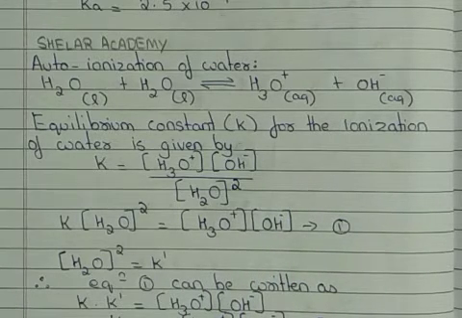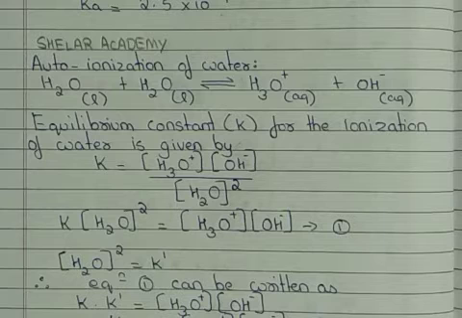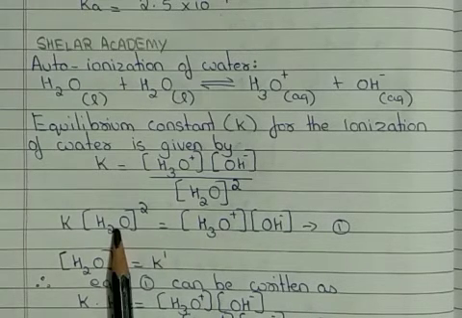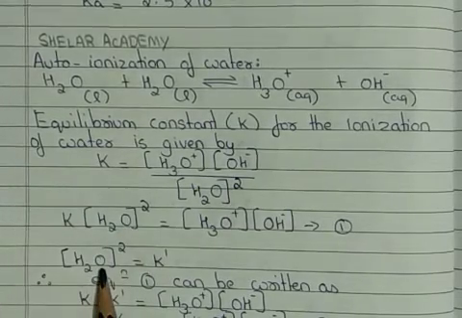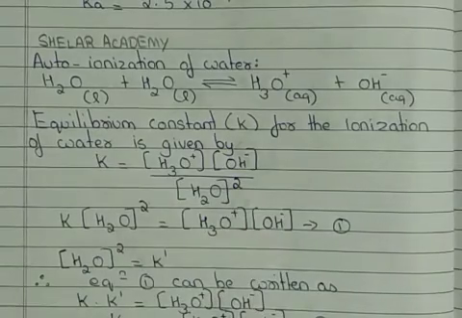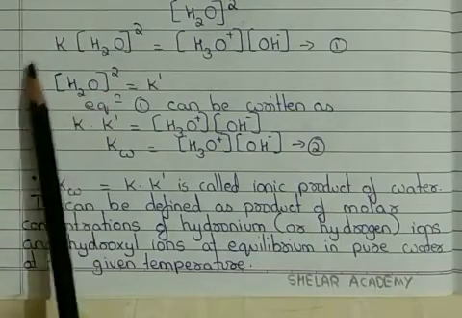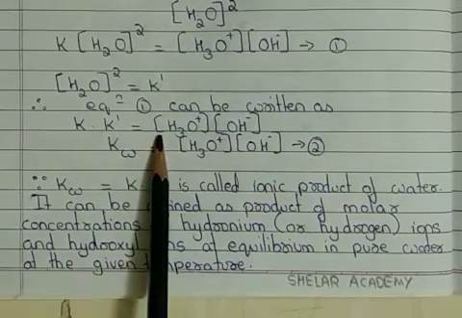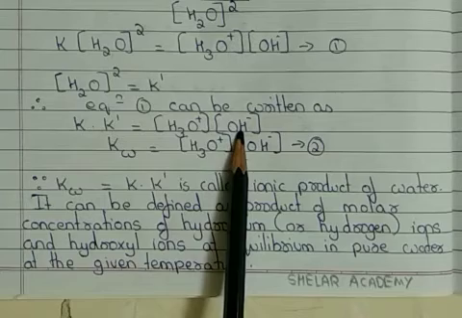Now, in this given equilibrium, a majority of water molecules are undissociated. So consequently, the concentration of water, that is concentration of H2O, can be treated as constant. If I take the concentration of water squared as a constant K', then this equation can be written as K into K' is equal to concentration of hydronium ion into concentration of OH- ion.